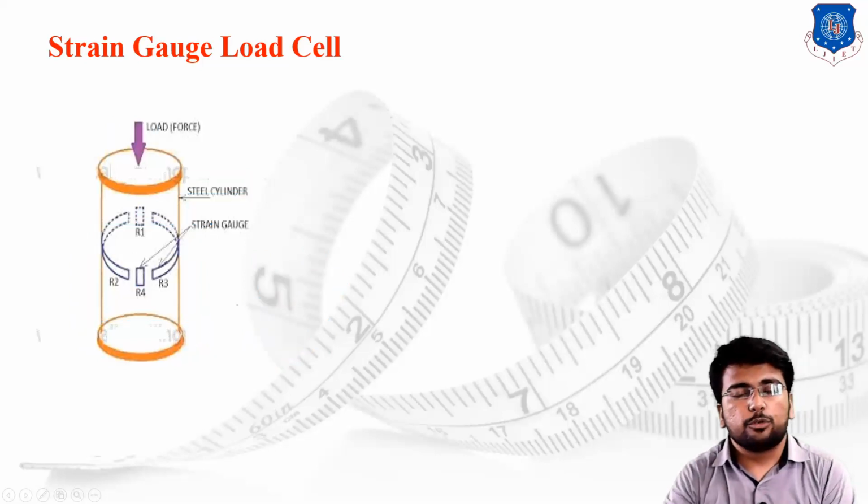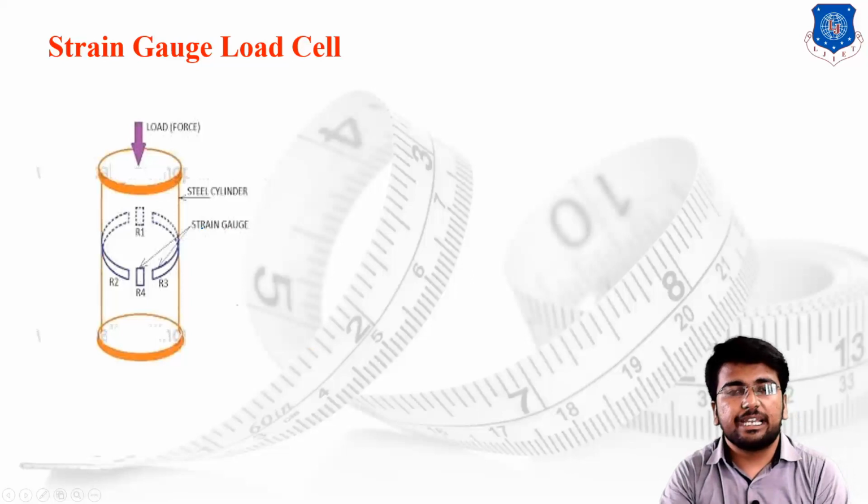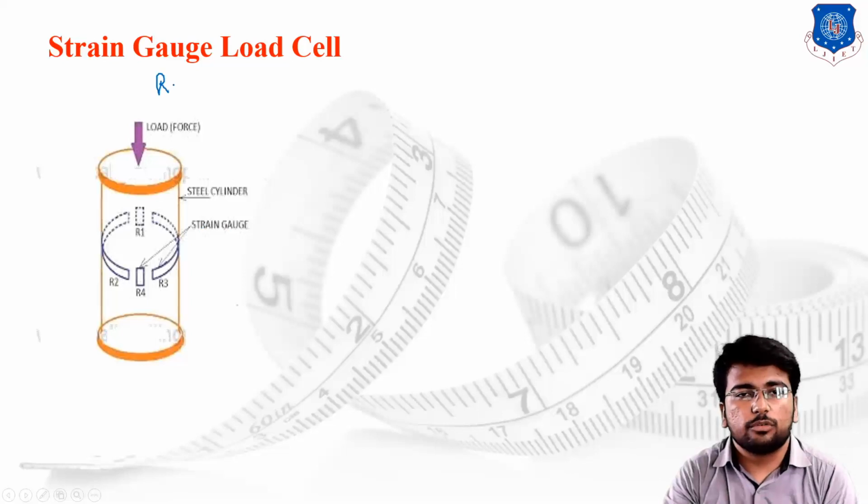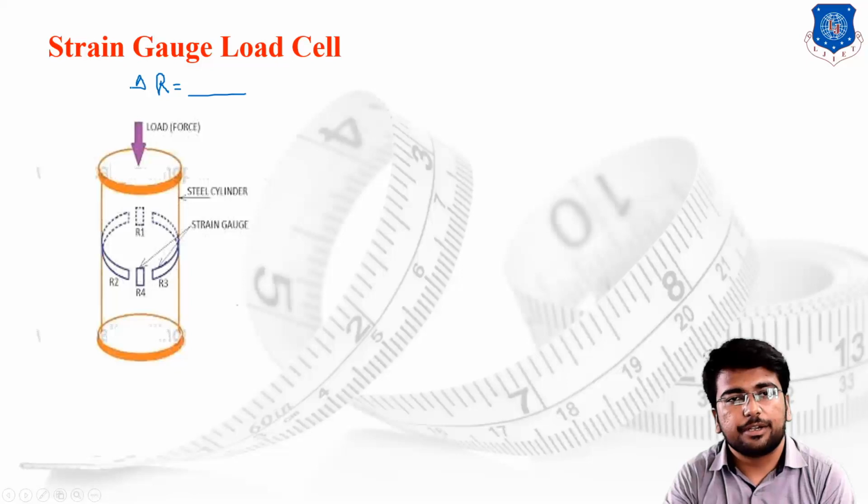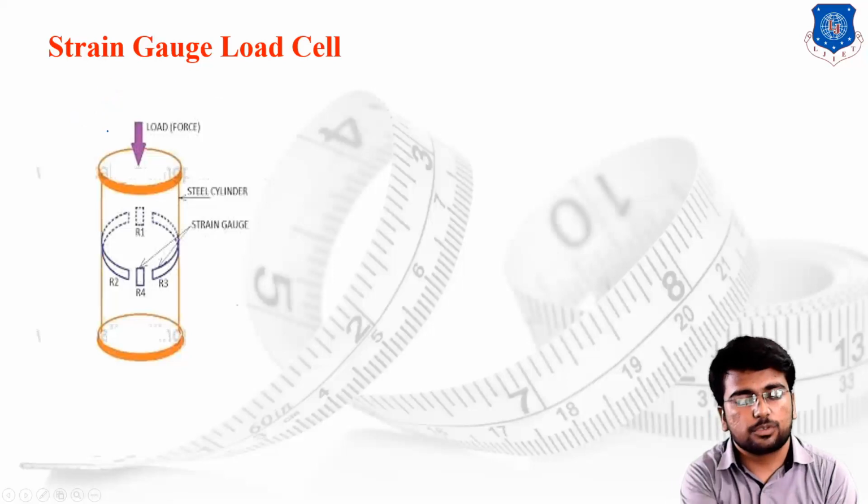So due to the change in the length and the change in the area, the resistance value will be directly affected. What we are supposed to do is simply check the delta R, what is the final resistance available, and we calibrate the resistance value in terms of forces, and we can easily find the value of the force.